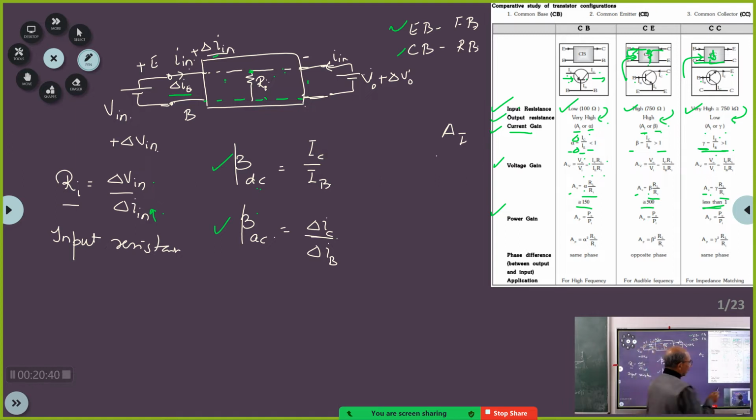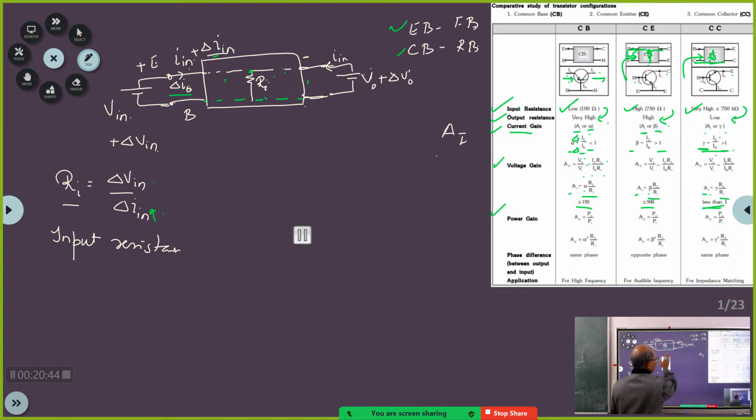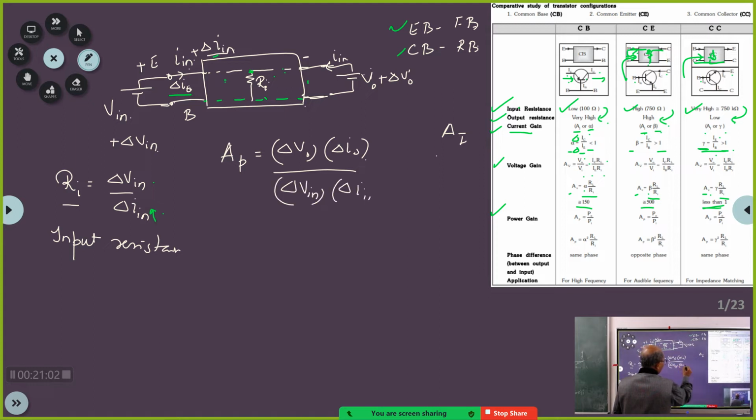Okay, and therefore we will get it less than 1. Right? Power gain. What is power gain? Anyone here? What is power gain? Power gain is delta VO into delta IO divided by delta Vin into delta Iin.